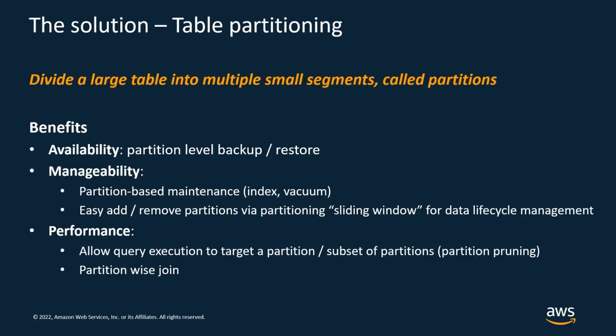We need a way to manage the growth. Postgres table partitioning allows us to divide a large table into multiple segments called partitions. Once a table is partitioned, operations such as backup, restore, index maintenance, vacuum, and query execution can be performed at the partition level.